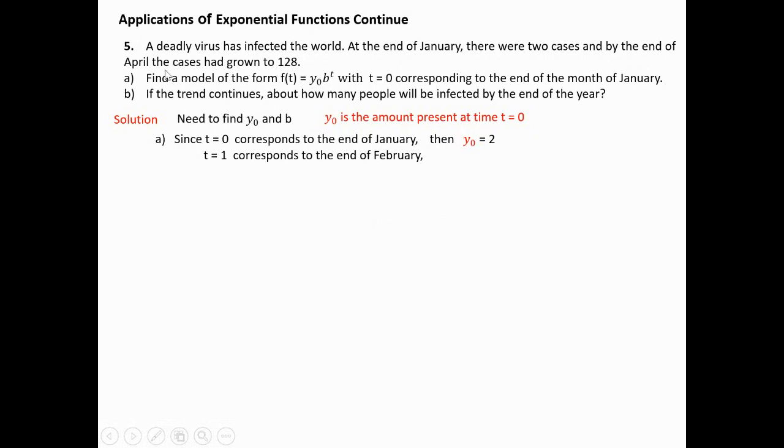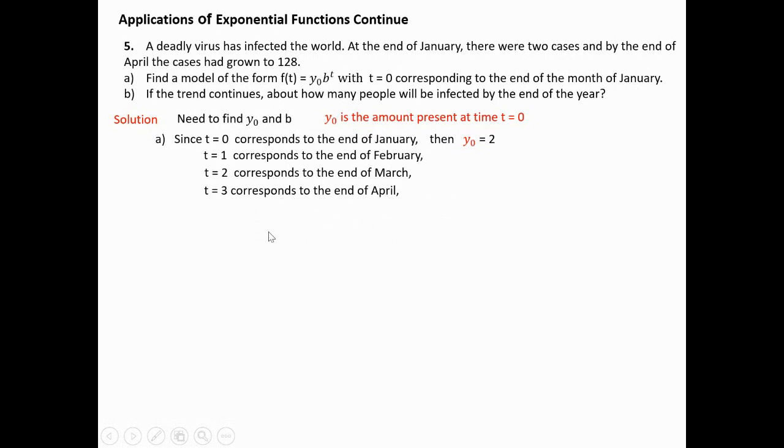So then I use the other information, that by the end of April, the cases had grown to 128. With that, I need to find my b. Okay? So t equals 0 corresponded to the end of January, t equals 1 corresponds to the end of February, t equals 2 corresponds to the end of March, and t equals 3 corresponds to the end of April.